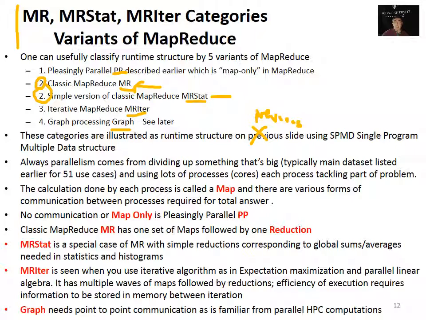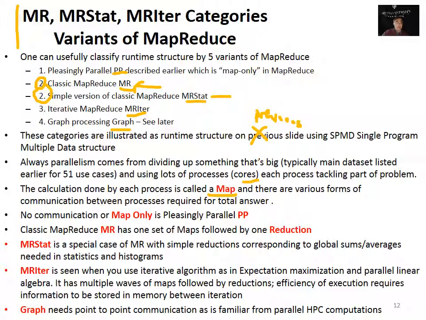And the parallelism comes from dividing something up that's very big, such as the set of all events in the Large Hadron Collider, and taking lots of processes or cores, and each process taking part of the problem. That's how the maps get done. All of these problems have maps, which are taking some data, where the data is decomposed, and you take the data in your current core or current process, and you change it.